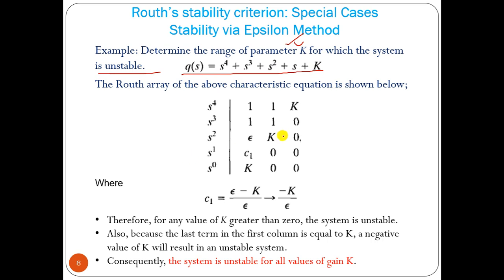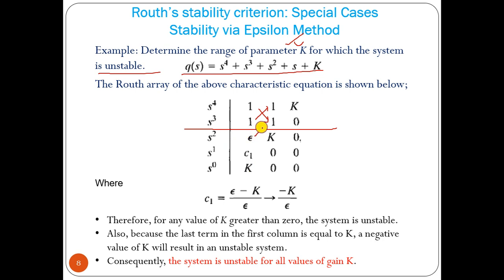So we can put all those coefficient values in the Routh table alternately. So 1 1 1 1, then k and 0. So it will be 1 into 1 minus 1 into 1 by 1, so it will be 0. Instead of 0 we are writing epsilon, then we can solve it.